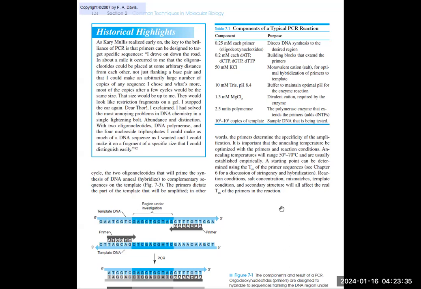So before moving on, I guess it's good to touch on this: you really have to memorize the components of our typical PCR reaction. So always we will start with the DNA template. Okay, so that's the sample DNA, the DNA that we got from our DNA extraction.